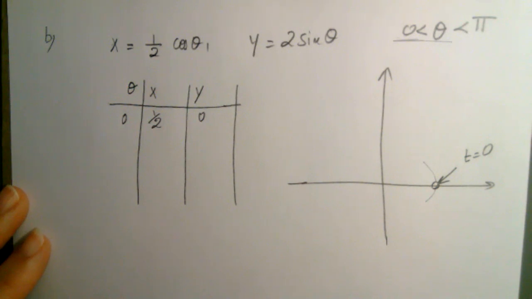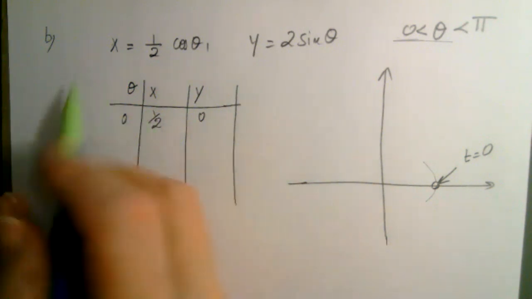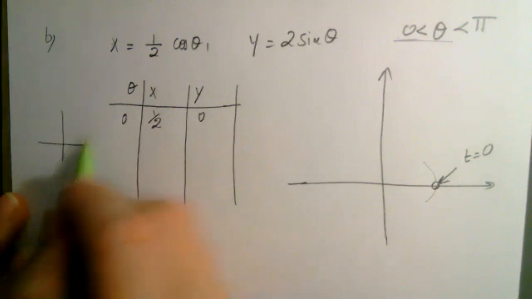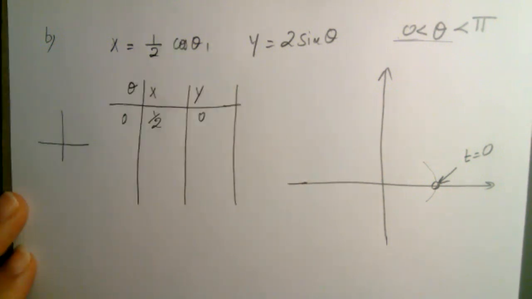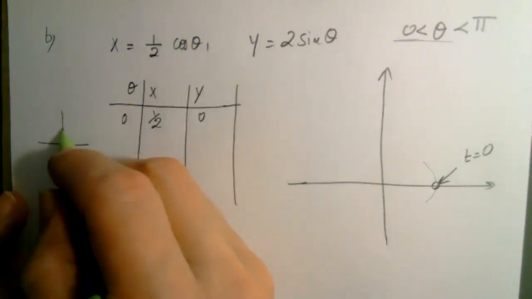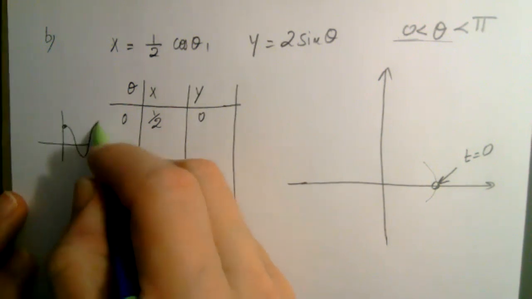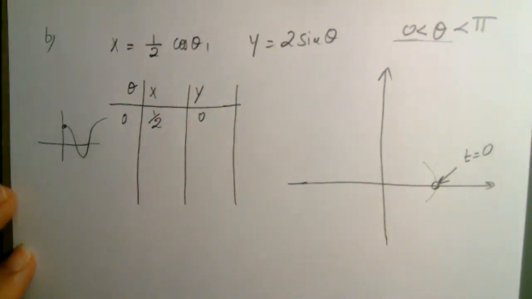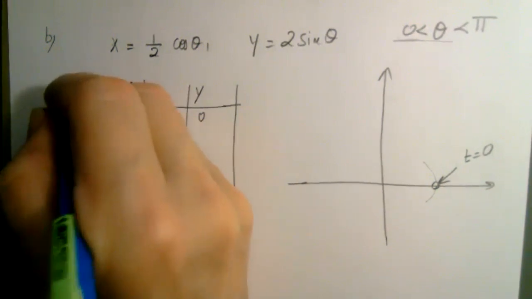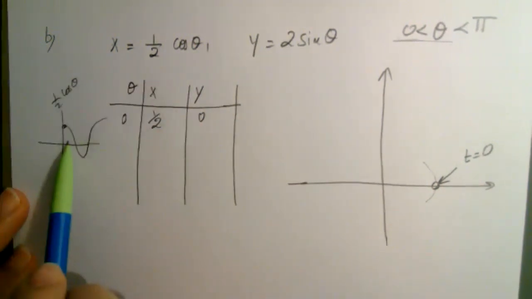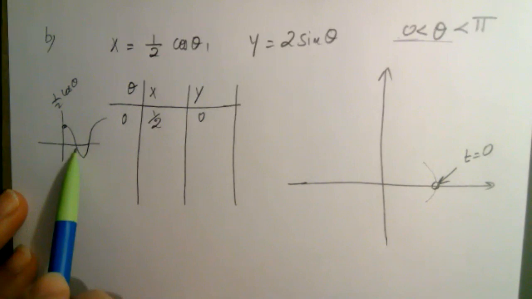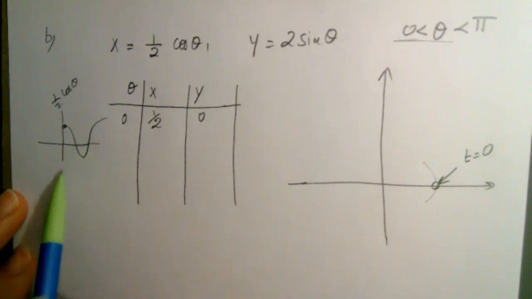Counterclockwise. Do we agree with Lori? Okay, I will look at the x. X is half cosine theta. It means the x starts here and goes like that. That's the cosine. So according to this, the x is decreasing. If x is decreasing, it means we're going to be moving to the left.